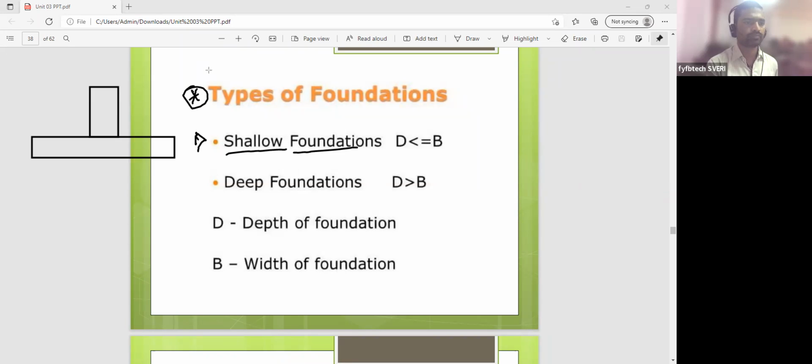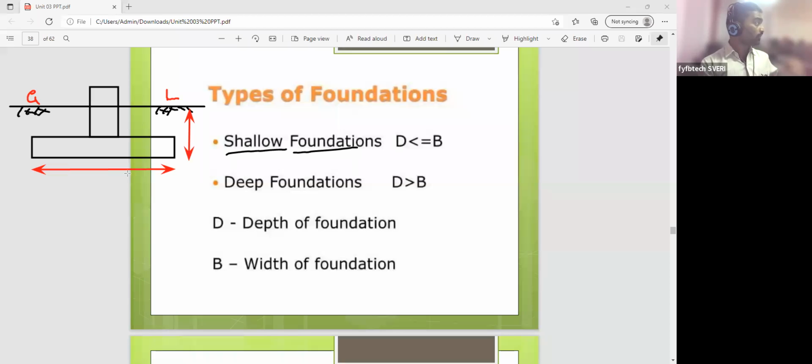Draw this diagram. That is ground level. This is the width of the foundation, and this is the depth of the foundation.